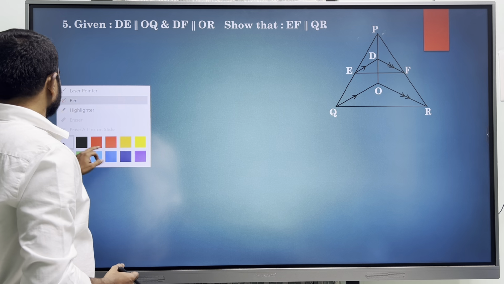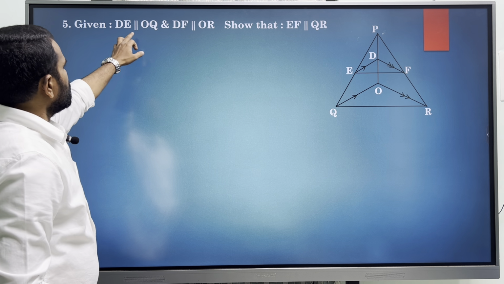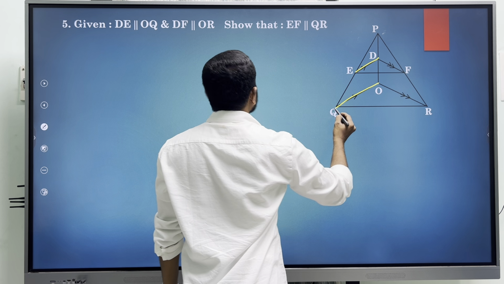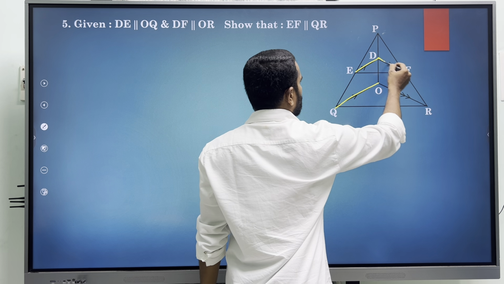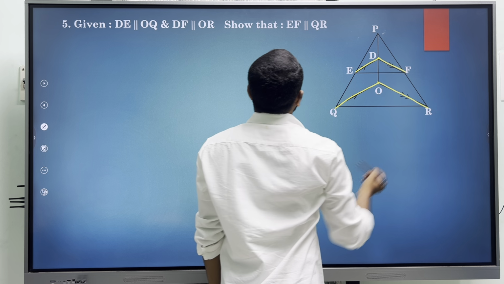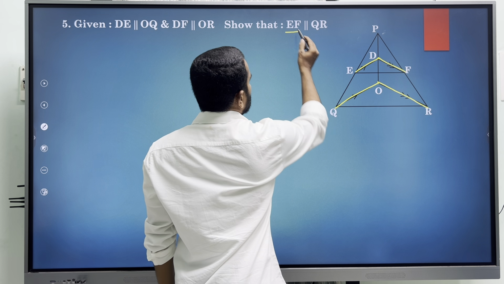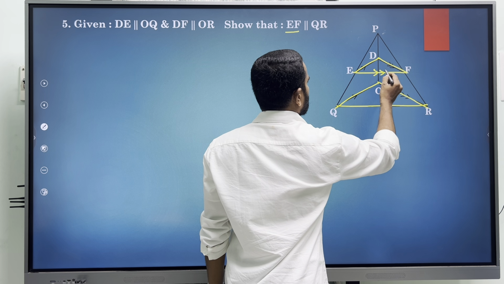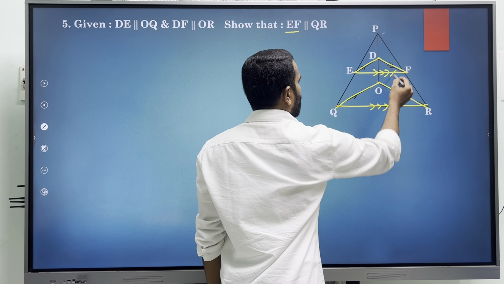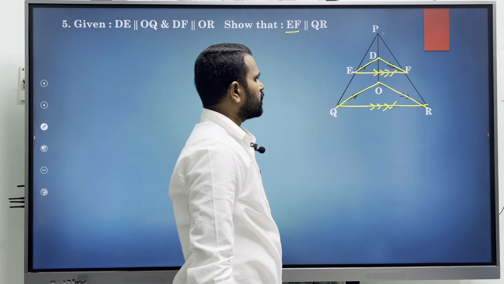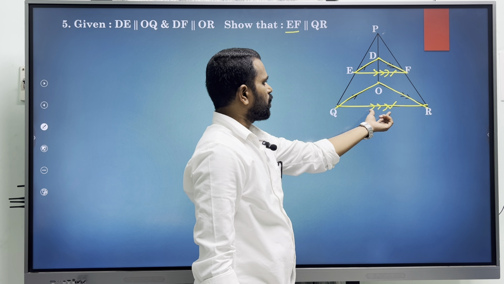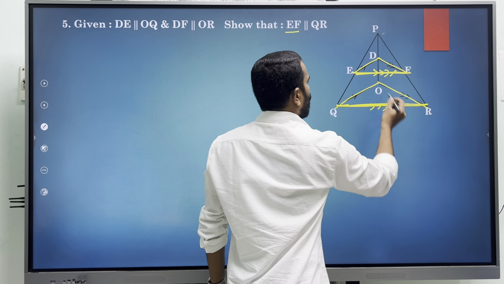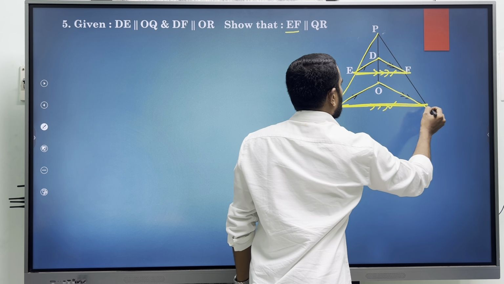See here, DE is parallel to OQ, DF is parallel to OR. What we need to prove is EF parallel to QR. If I want to prove this, what do I have to take?